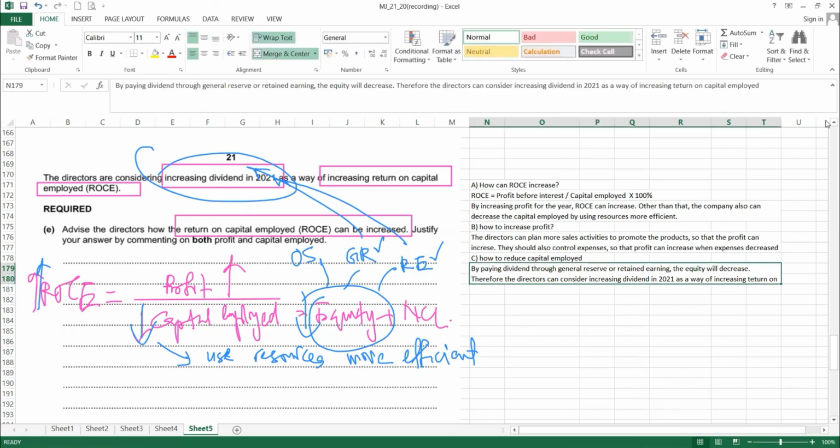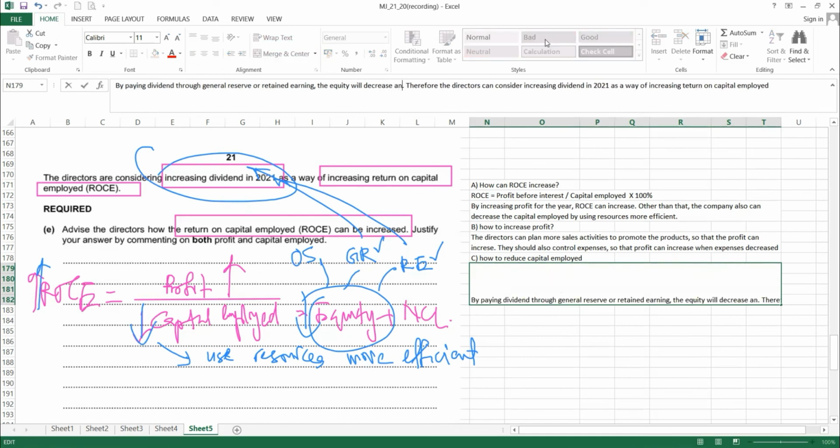Okay, let me add some more points for it. By paying dividend through general reserve or retained earning, the equity will decrease, and capital employed will decrease.